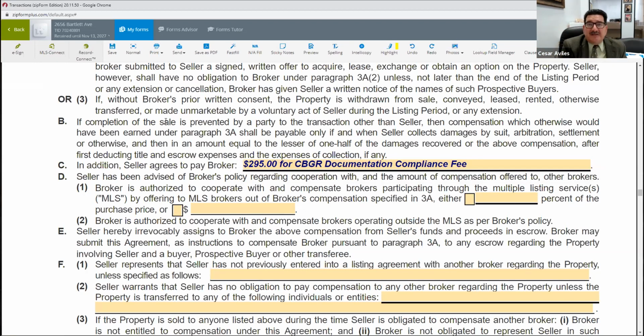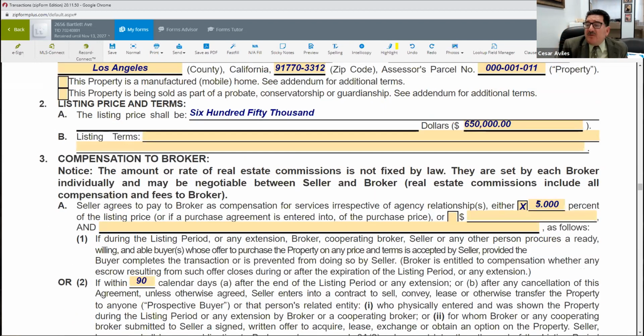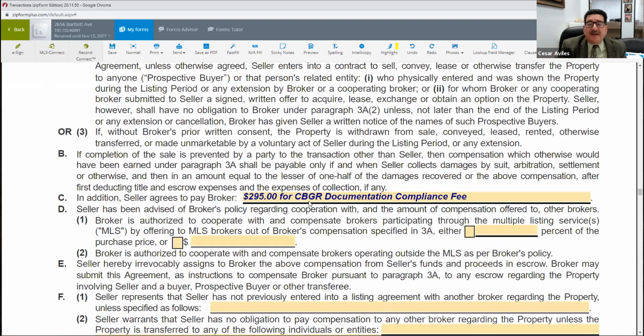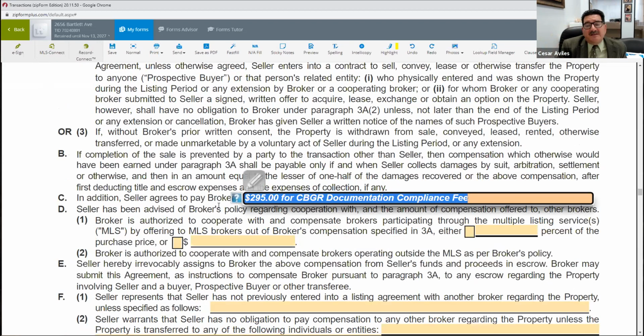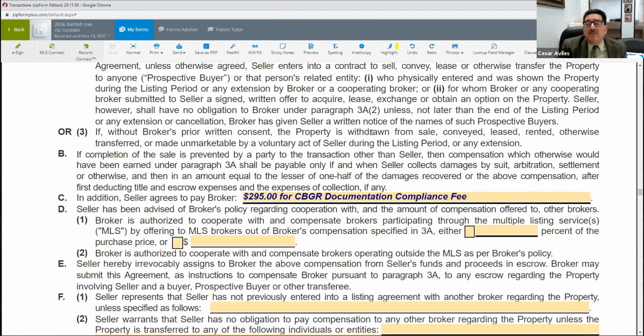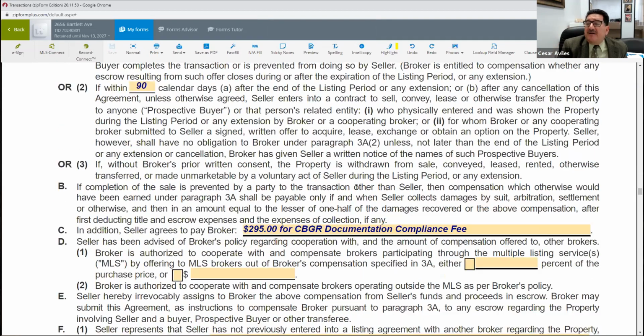In the past, we used to waive it, and we did. If the commission over here was 6%, we have no problem in erasing this, right? You can go ahead and say, you know, we will not charge you the $295 if you pay me that.